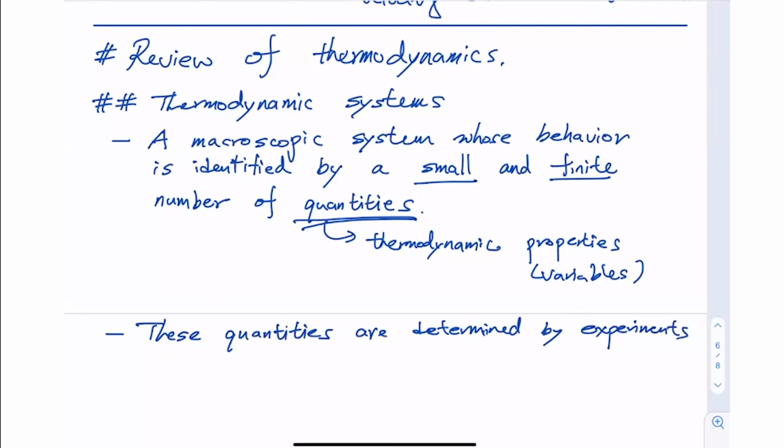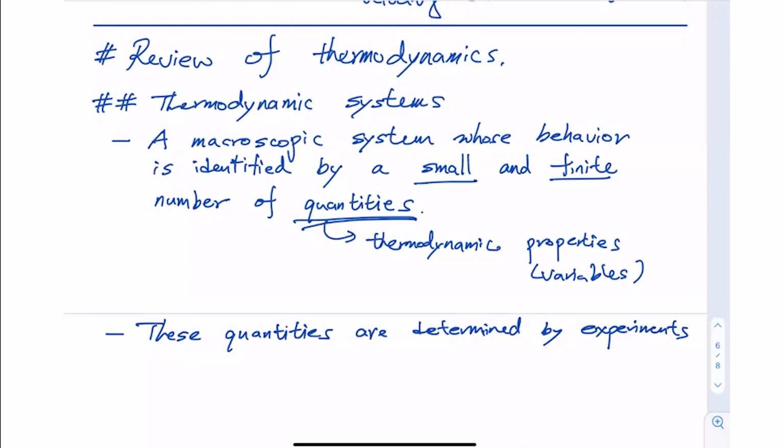And in a thermodynamic system, you are allowed to do several things. Once you define your system according to some of the thermodynamic variables, you can take it and make contact with another thermodynamic system, which is described by another set of thermodynamic variables. So basically, you can just put them together.